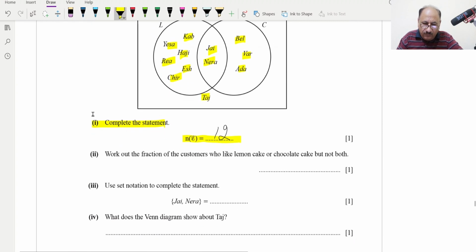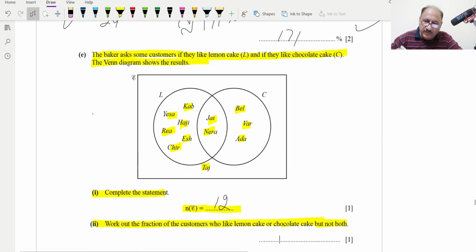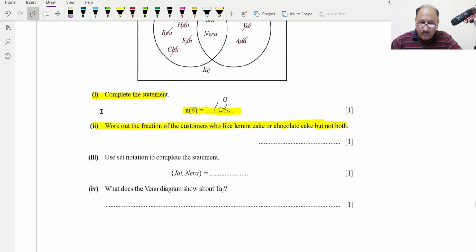Then they are asking for work out the fraction of the customers who like lemon cake or chocolate cake, but not both. So for that one, what we will be counting is 1 2 3 4 5 6 7 8 9. So 9 out of 12.